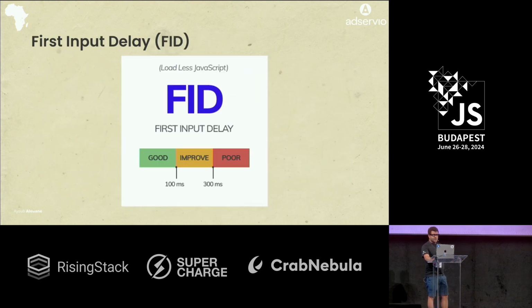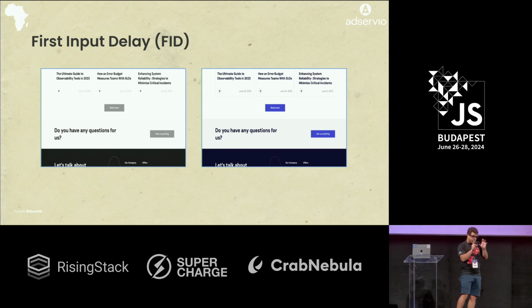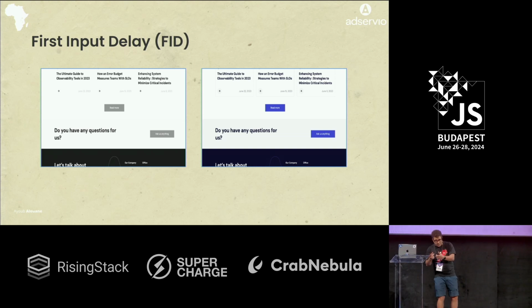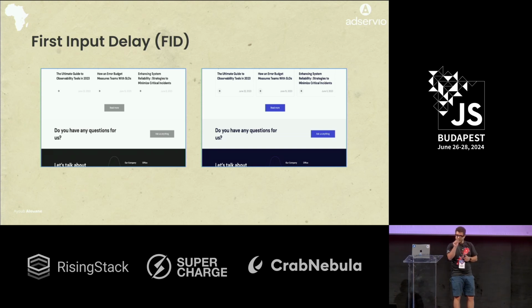Here we have the First Input Delay. So what is the First Input Delay? It's a metric that measures the time between when an element is visible and when it's interactive. Sometimes you have a button, you click on the button, it doesn't work. But after 2-3 seconds, it works. Why? Because the button doesn't have the JavaScript yet.